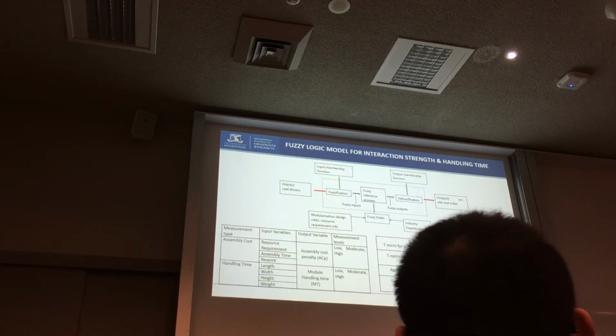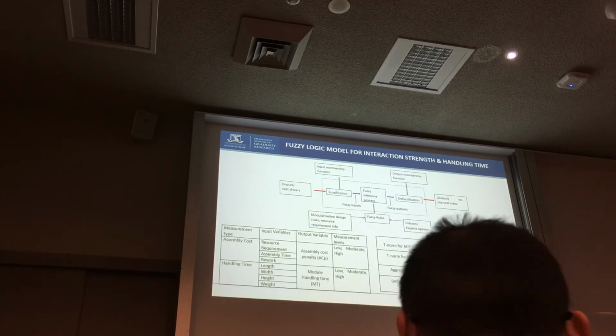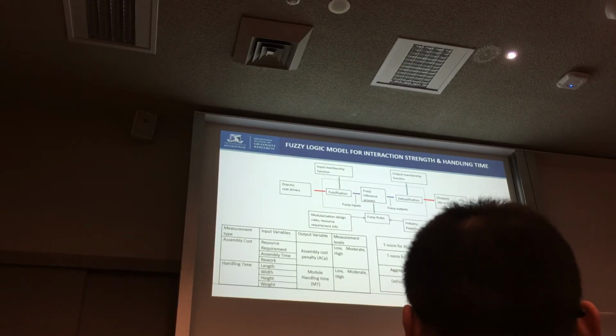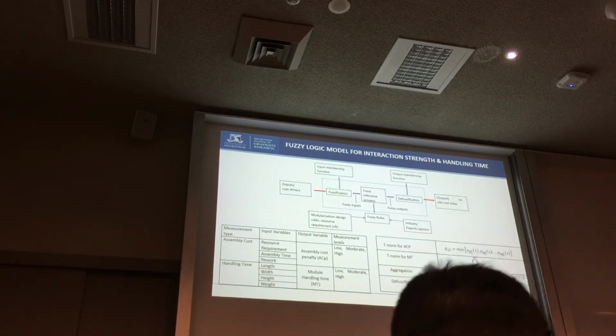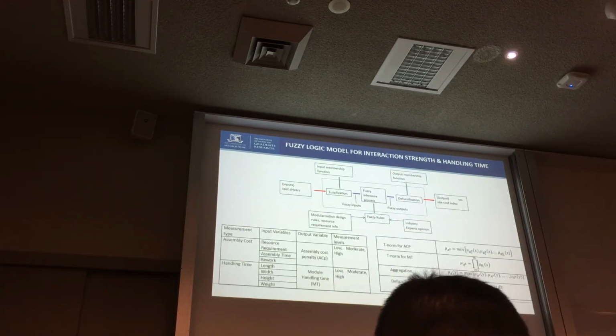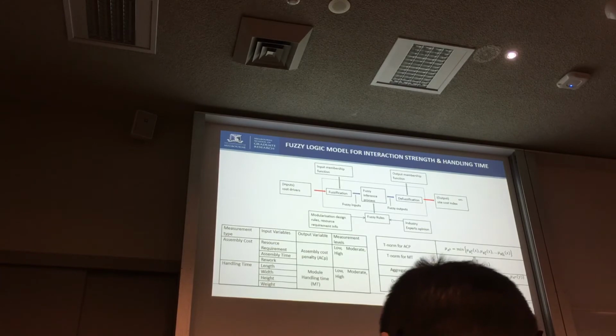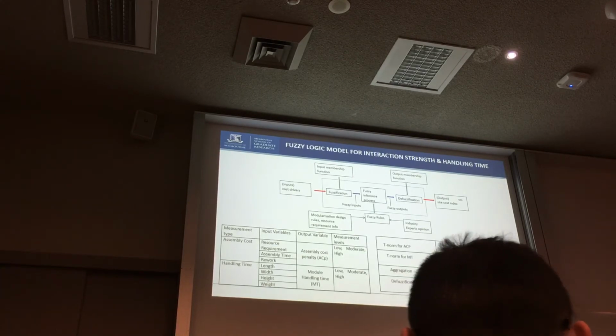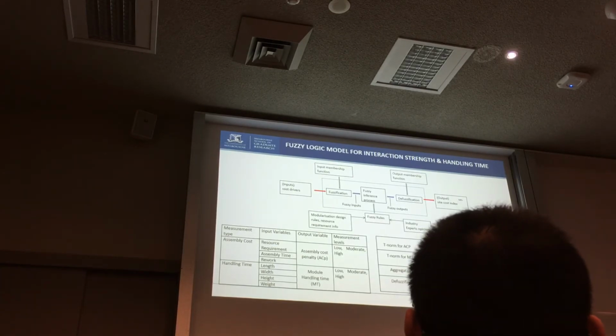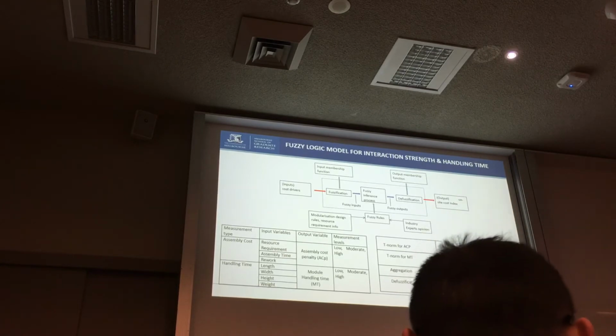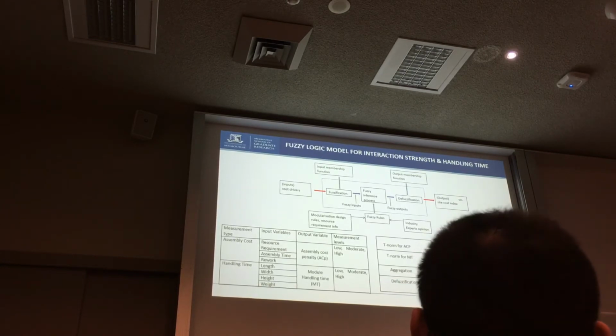So in order to come up with a single value to represent all these objectives, a fuzzy logic model was developed where the inputs of the fuzzy logic model are directly taken from the building information model, and the output represents a combination of those interaction strengths.